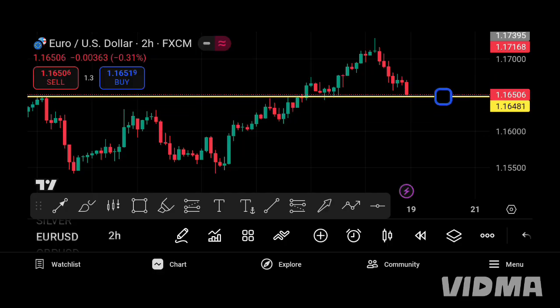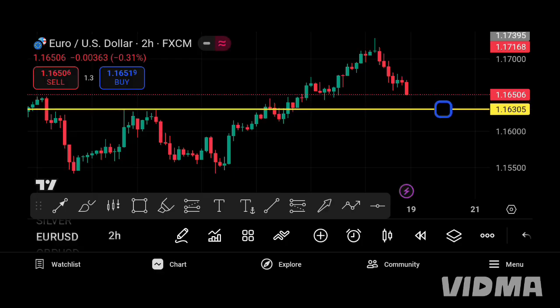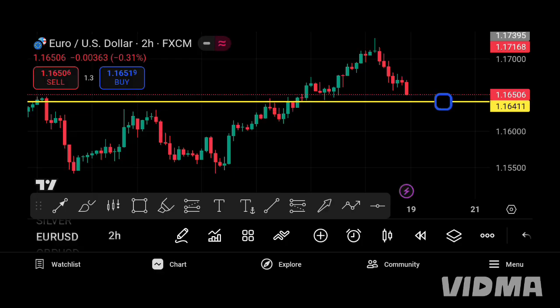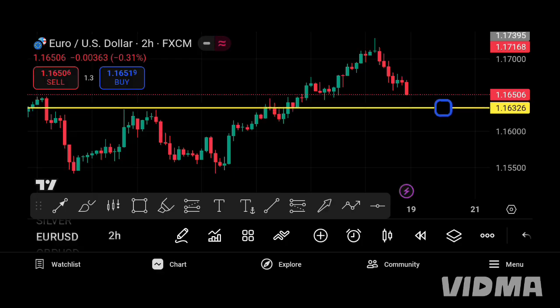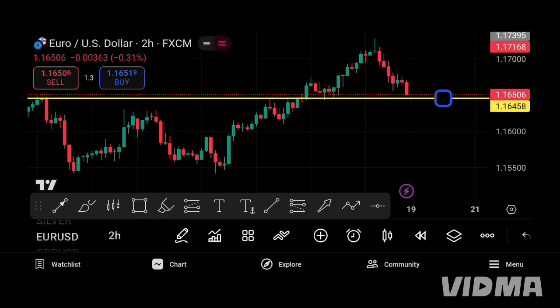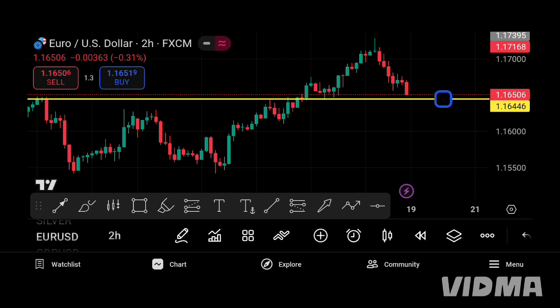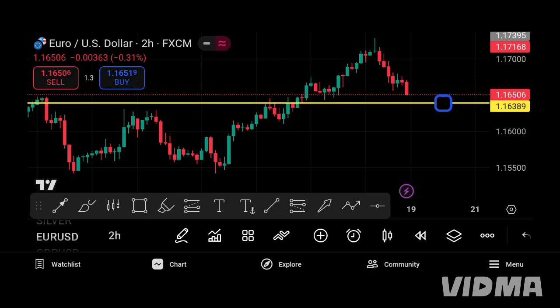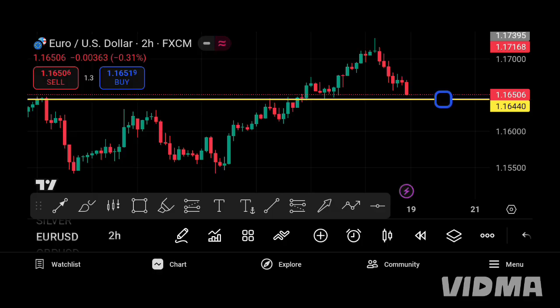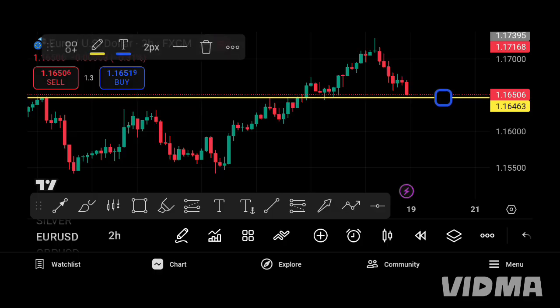When we came here, we also broke. We came here again, we also broke here, and after breaking we also had another demand zone here. You see guys, we also had another demand zone here.